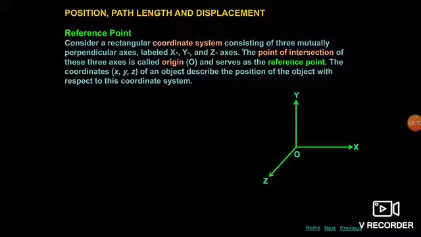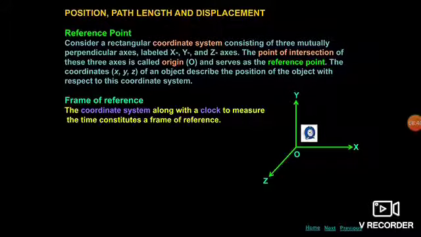You can see in this there is OX, OY and OZ. Frame of reference we are talking about. There is one clock we have shown here. The coordinate system along with a clock to measure the time constitutes a frame of reference. Again I am repeating, the coordinate system along with a clock to measure the time constitutes a frame of reference.